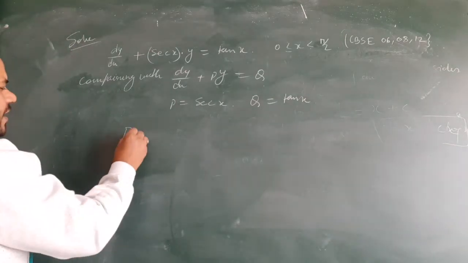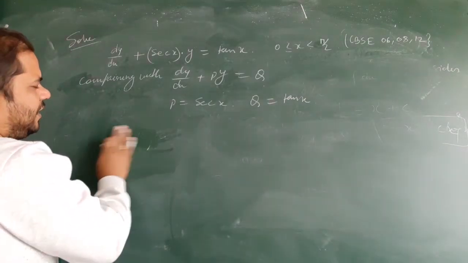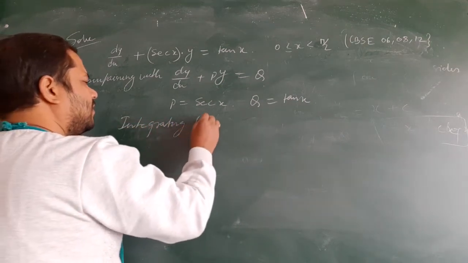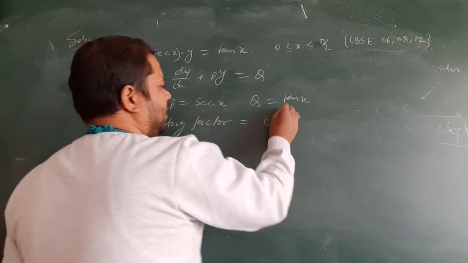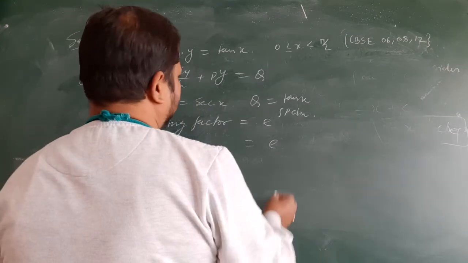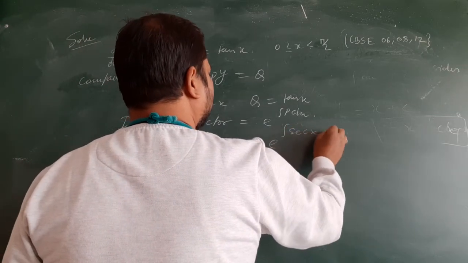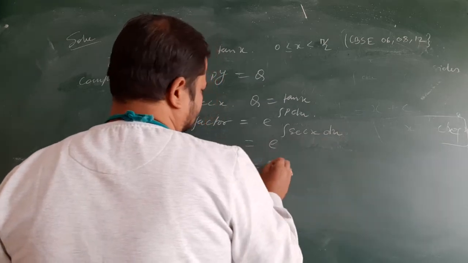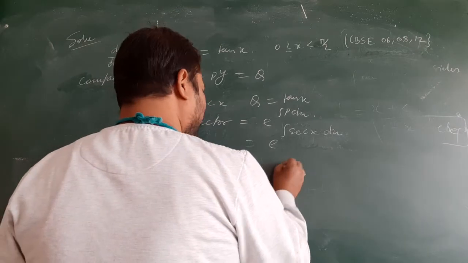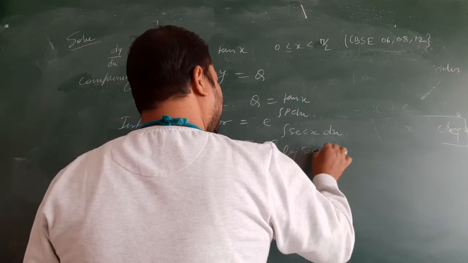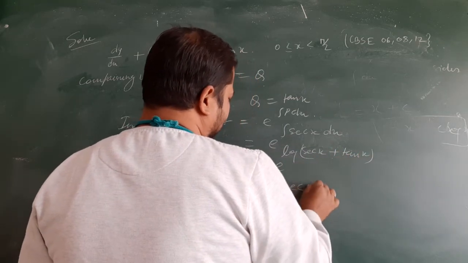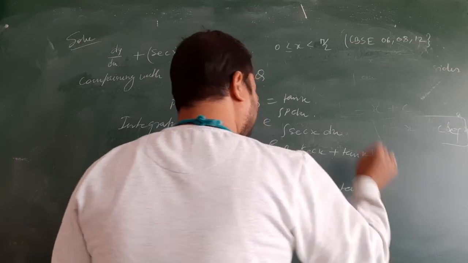Now the integrating factor is e to the power integral of p dx, that means e to the power integral of sec x dx. You know very well the integral of sec x is log of sec x plus tan x. So this is simply sec x plus tan x.